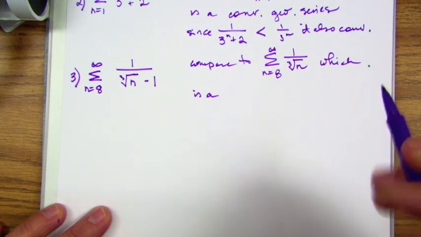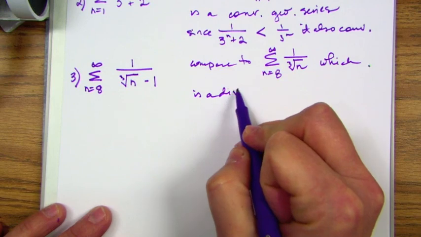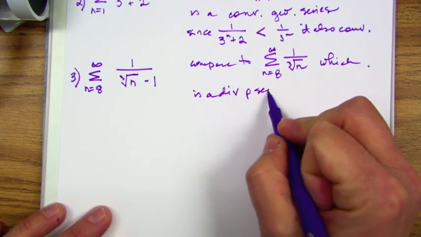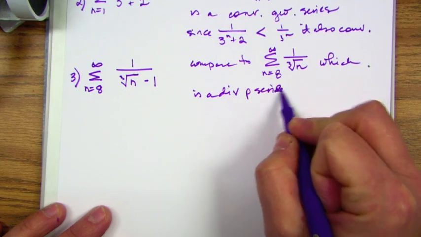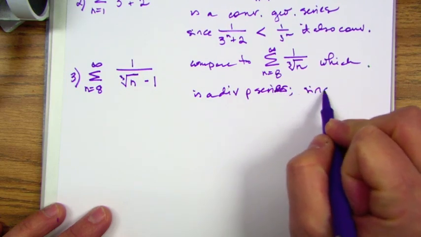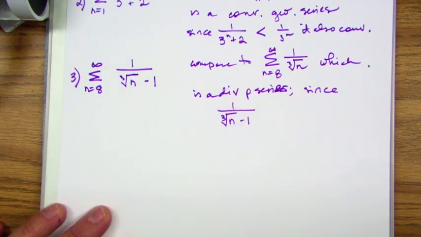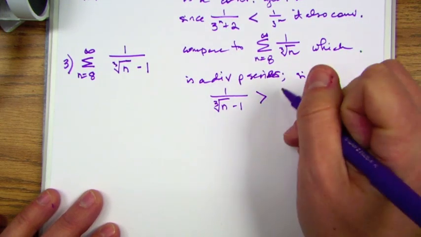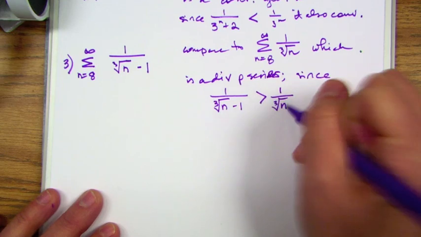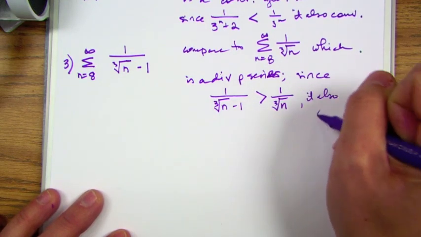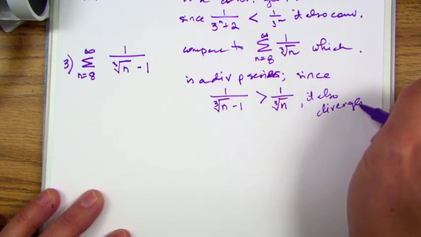This is a divergent P series. Okay, and then since the original one is greater than the 1 over cube root, it also diverges.